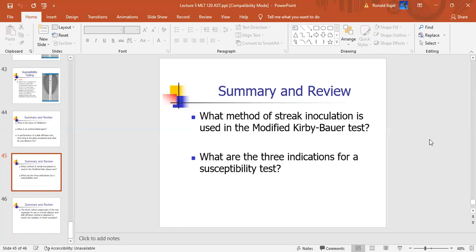How do you distinguish between the two? Novobiocin. Okay, and which is which? Resistant. Remember, S and R. S goes with R. So saprophyticus goes with resistance, okay?